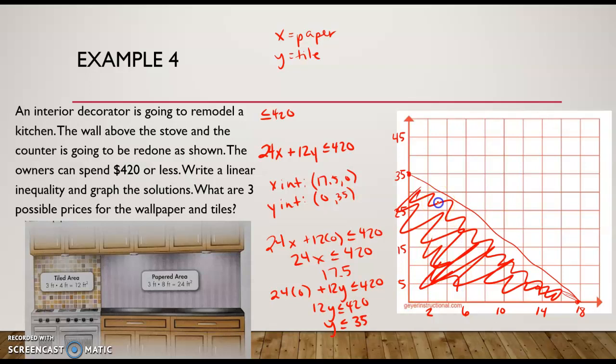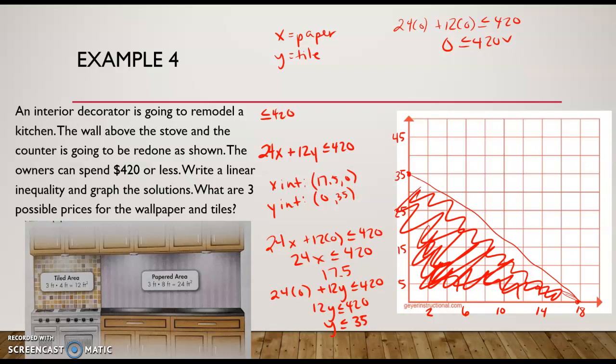Now again, if you're not so sure, plug in that 0, 0. We'd have 24 times 0 plus 12 times 0 has to be less than or equal to 420, and we'd end up with 0 is less than or equal to 420, which is true. So that's why this side of our solid line is our answer.